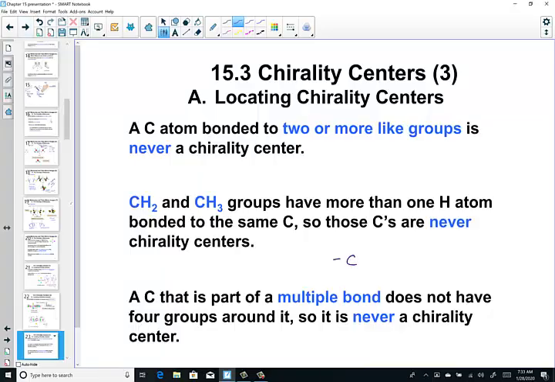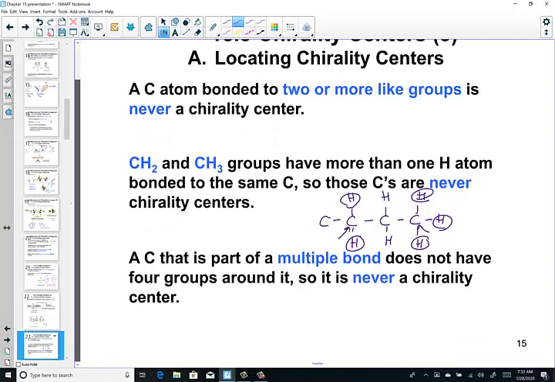So if I have this carbon chain and I have a CH2, CH2, these will never be chiral because there's 2 identical hydrogens. And if you're at the terminal end of a chain, notice that there's 3 hydrogens, that's never going to be a chiral carbon. We must have 4 unique attachments.